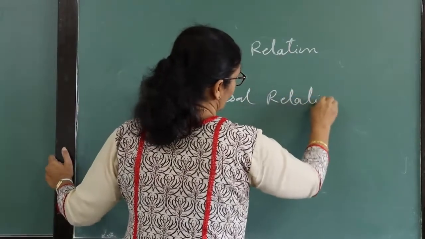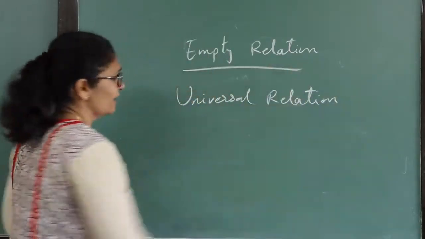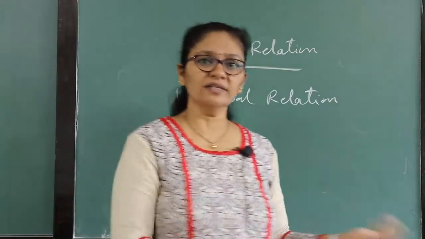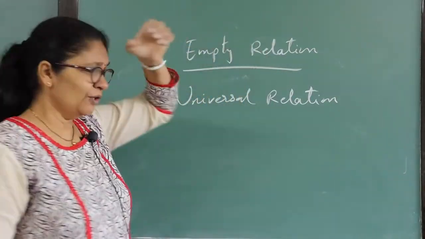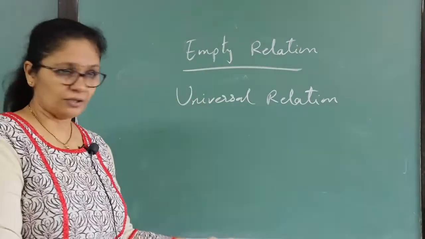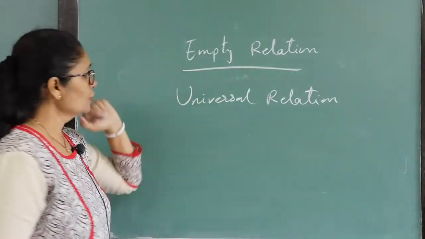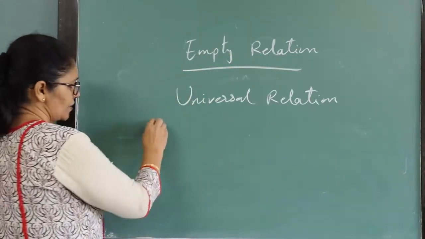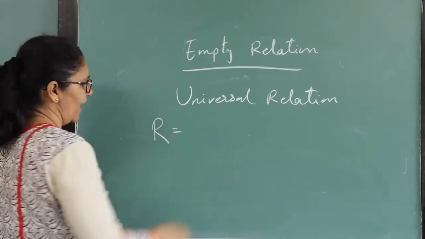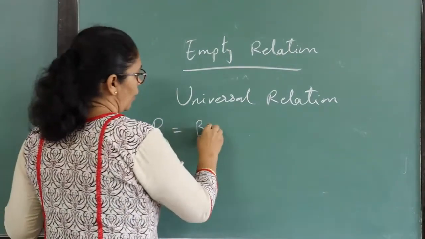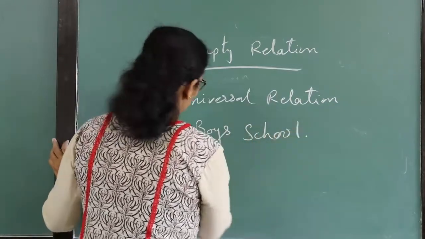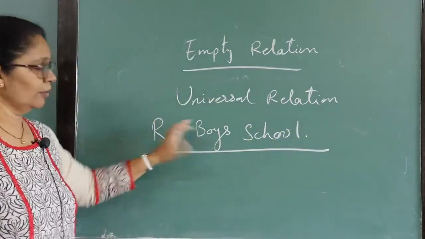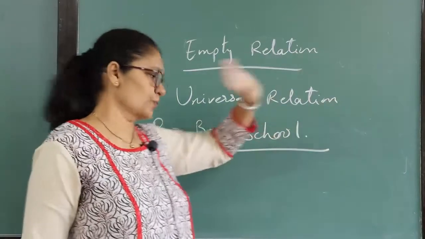From the word you can understand that an empty relation is a relation in which nothing is mentioned, so we can say empty relation. But we don't get it: if it is a relation, then how can we say empty? So I give you one example. Suppose you have been given set R, boys school, in which all the boys are there. So set R mentions boys of the full school.